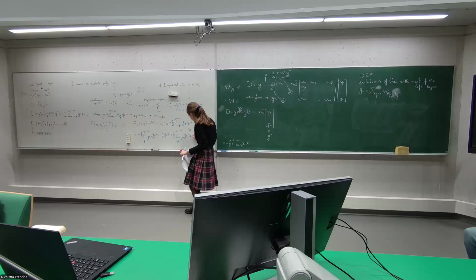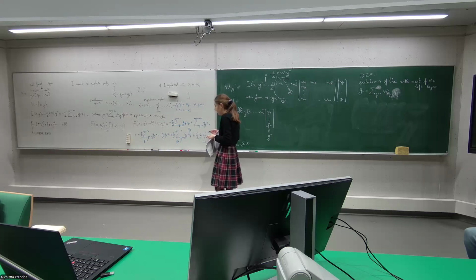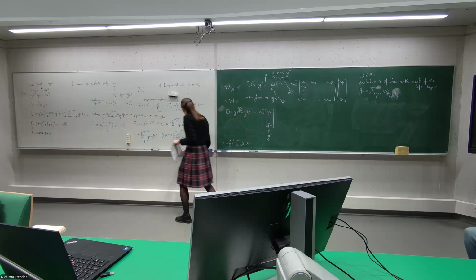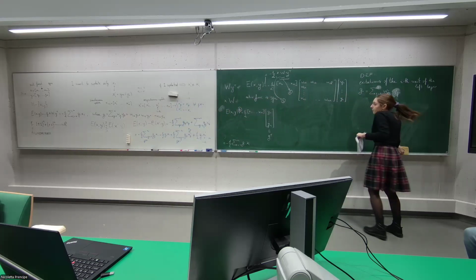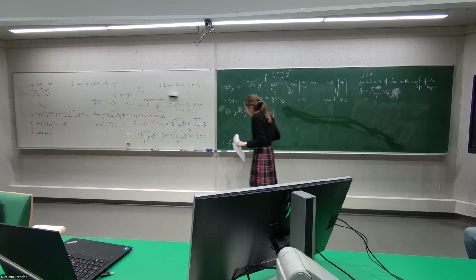Plus x_i prime, that is equal to minus x_i. Why am I doing all this?